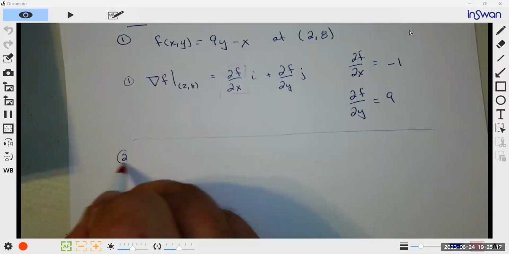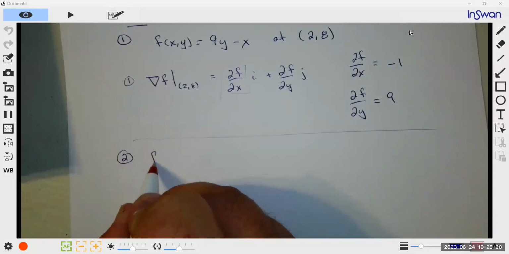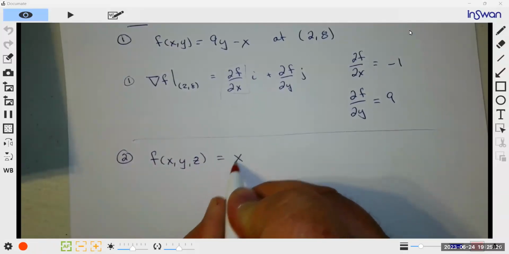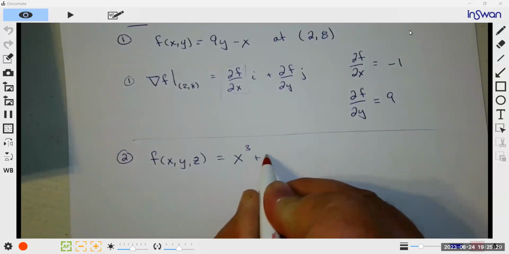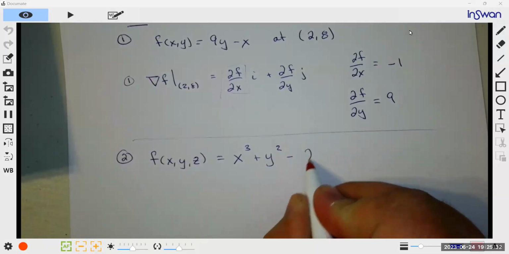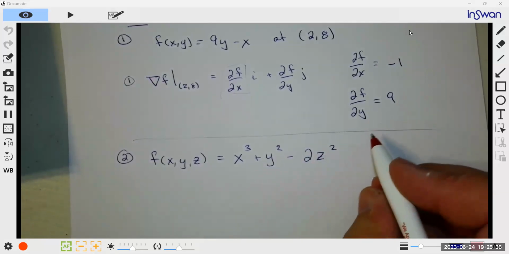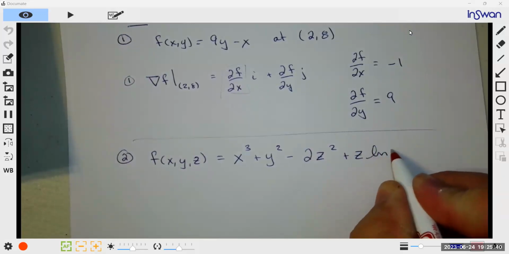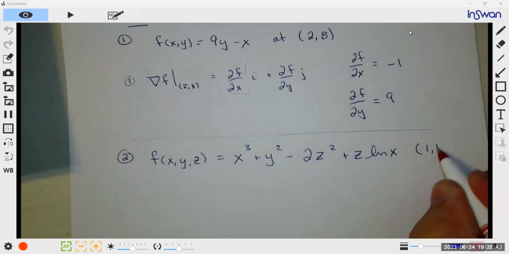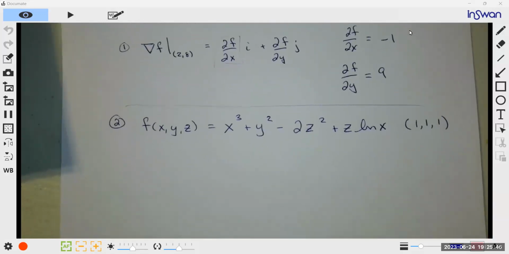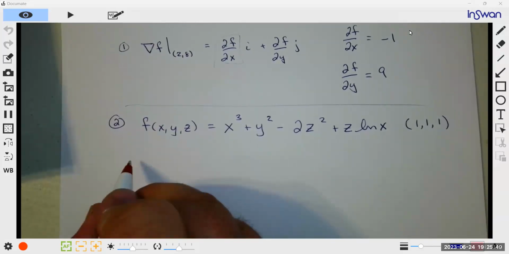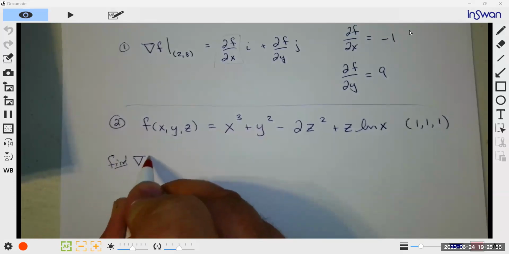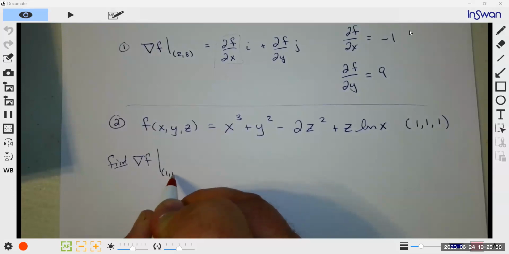Given the function f of x, y, z equals x cubed plus y squared minus 2z squared plus z ln x at the point 1, 1, 1. And we're supposed to find del f at the point 1, 1, 1.